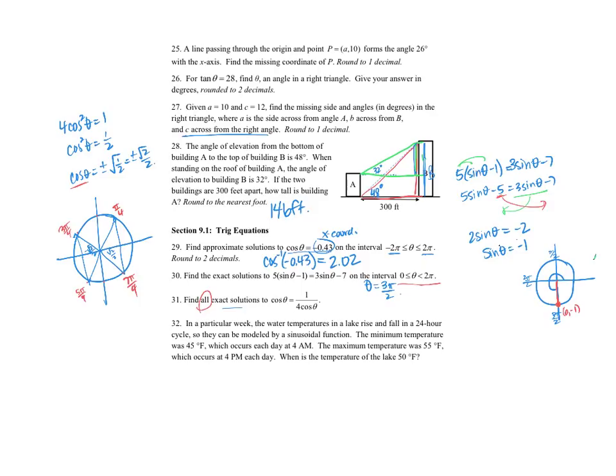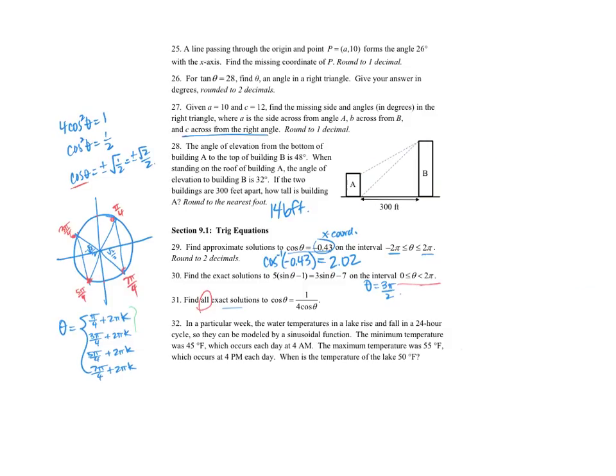So our solutions are theta equals, and I'm going to have 4 solution sets, pi over 4 plus 2 pi k, and then I'll have 3 pi over 4 plus 2 pi k, and I'll have 5 pi over 4 plus 2 pi k, and I'll have 7 pi over 4 plus 2 pi k, where k is an integer. It could be positive or negative.